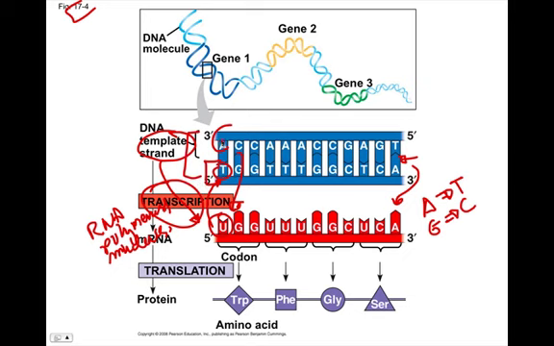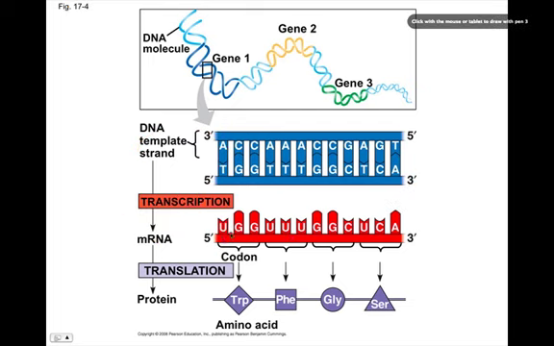So this is being used as a template, and it's unzipped, and so this A is used to, oh, I should say A should pair with T's or U's. And that's the process of transcription. And then that RNA is used in the cytoplasm by the ribosome for translation.